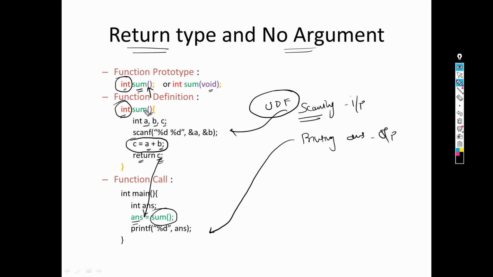So whatever the function is going to return will be stored in the same type of data. Okay, so since it is returning integer, I should have integer type of variable over here which is able to store the result. And finally that result will be printed by the main function. So scanning is done by UDF and the printing is done by main function.